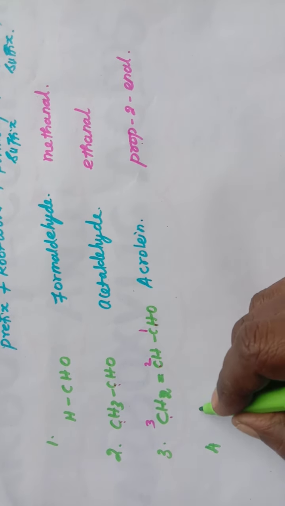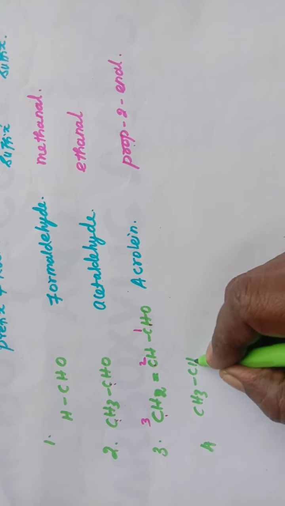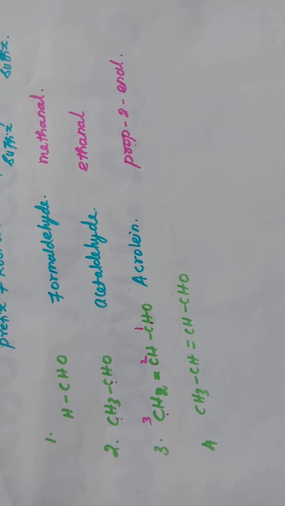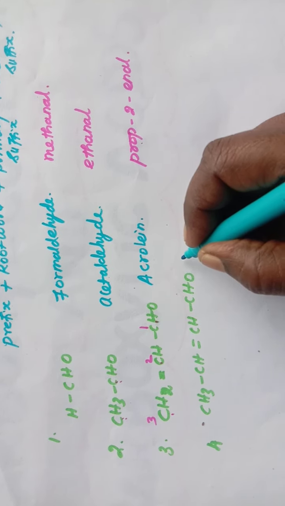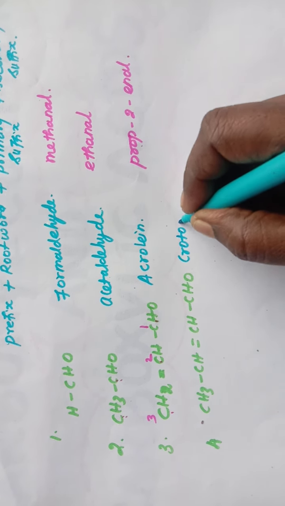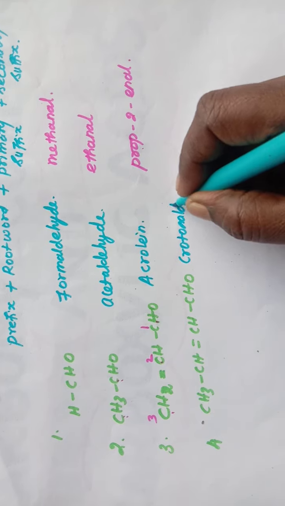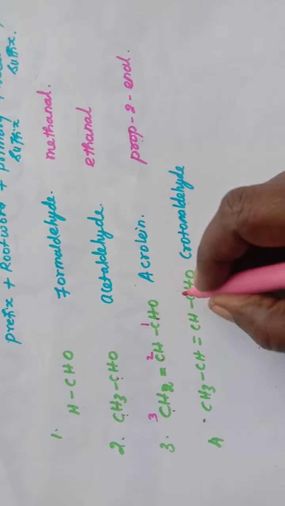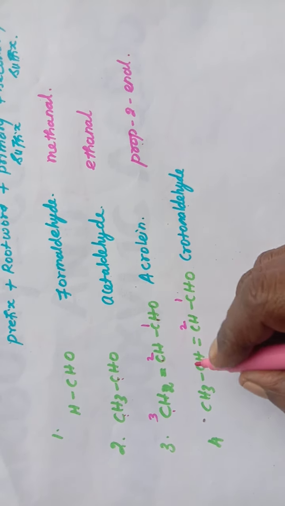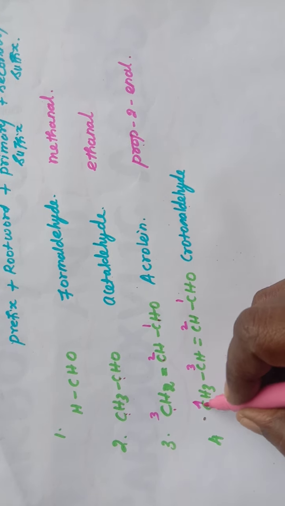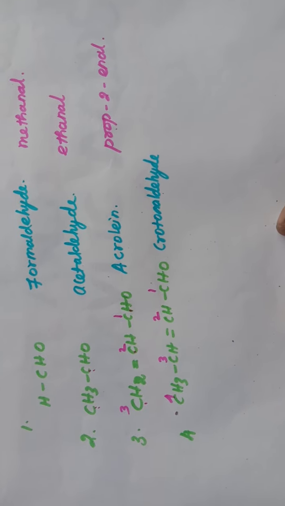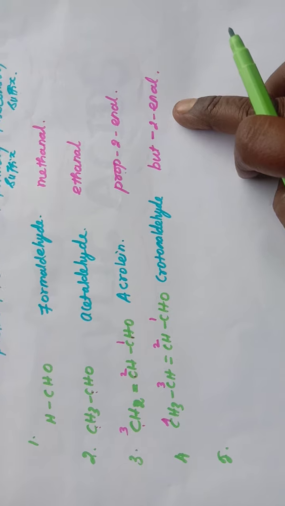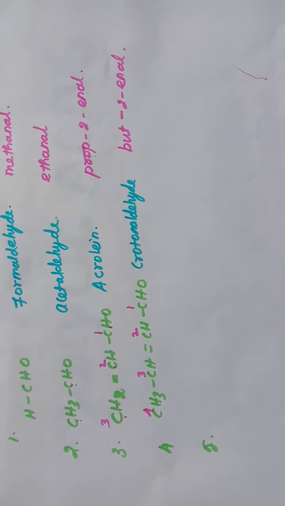Fourth one is CH3CH=CH-CHO. Common name of this compound is crotonaldehyde. IUPAC name: here 1, 2, 3, 4 carbons are there, so root word is butane. This compound is but-2-enal.